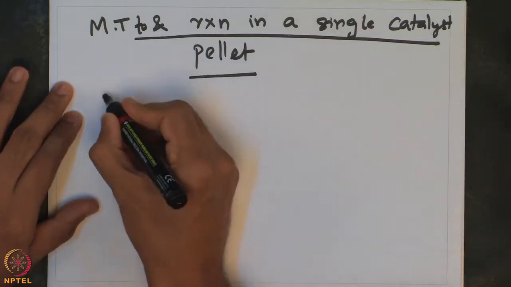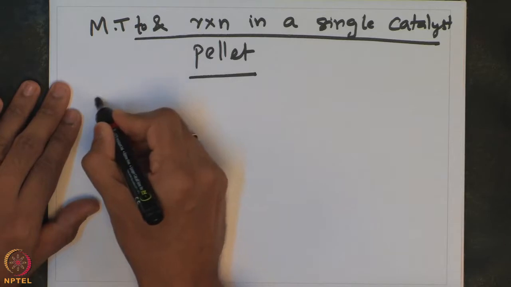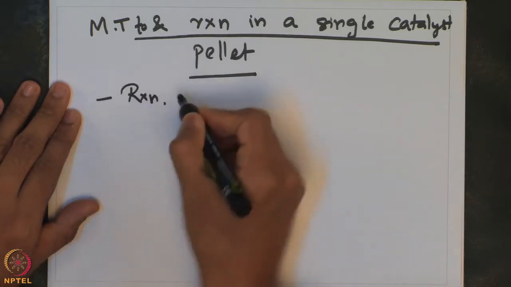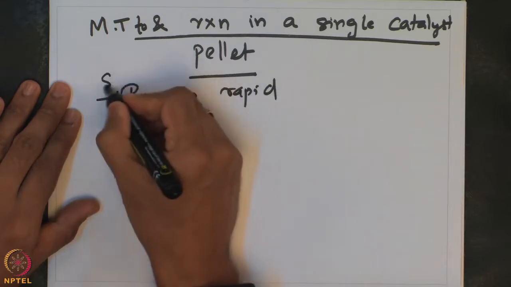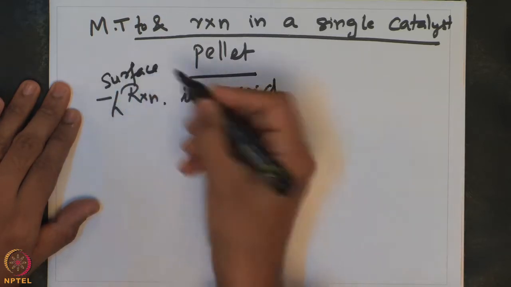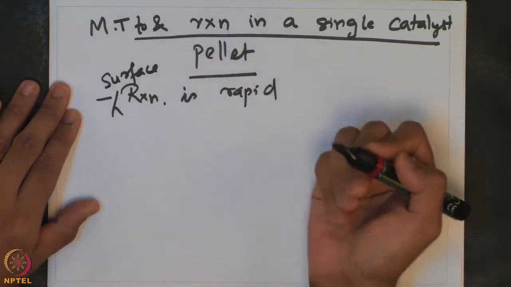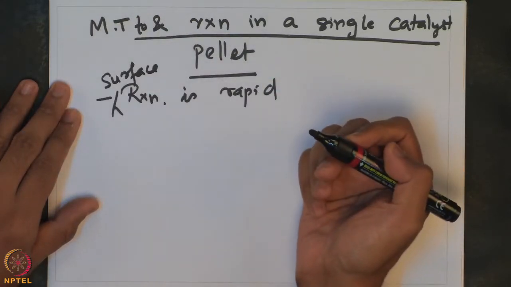Now, let us assume that the surface reaction is actually rapid, because we want to characterize the mass transport limitations or the external diffusional limitations.